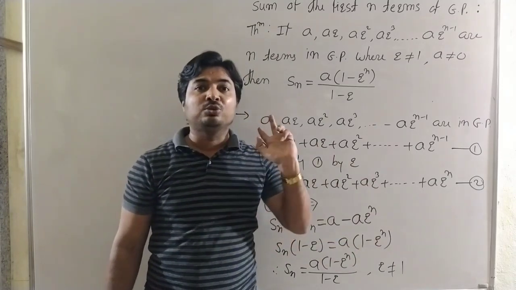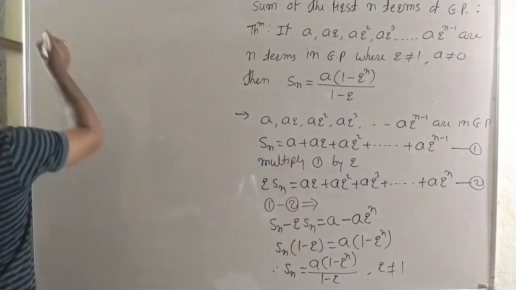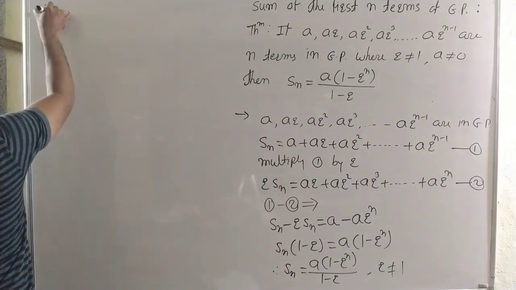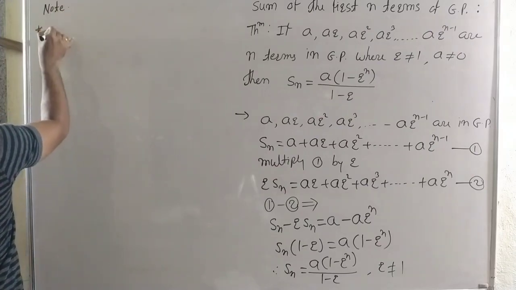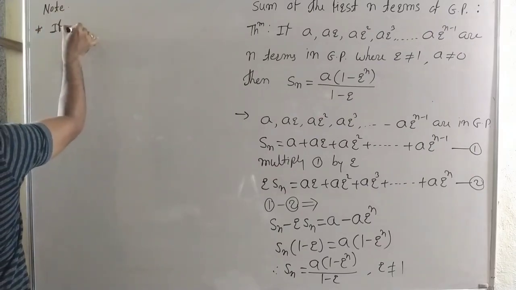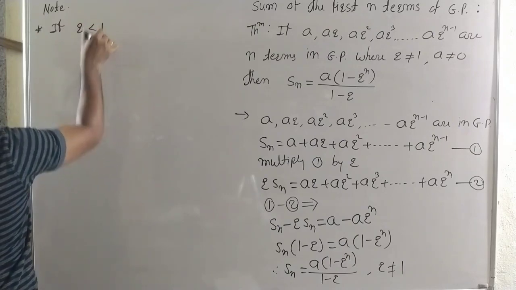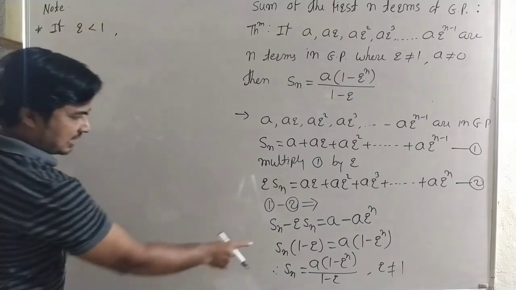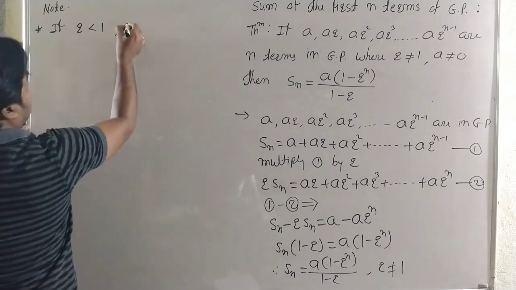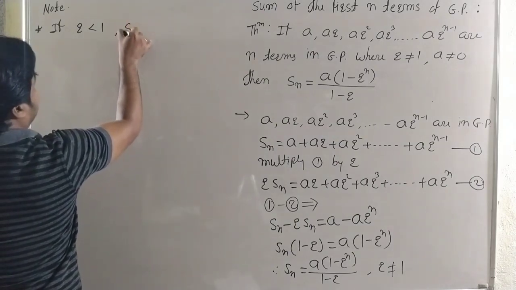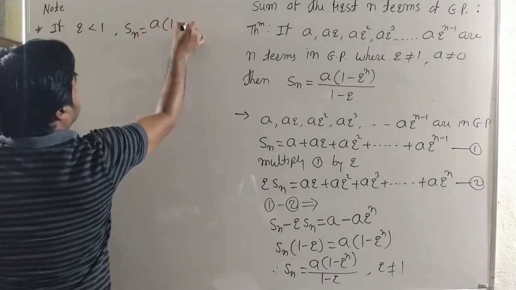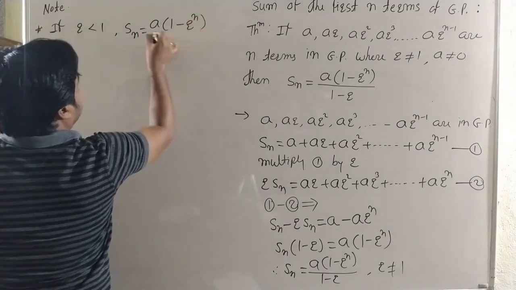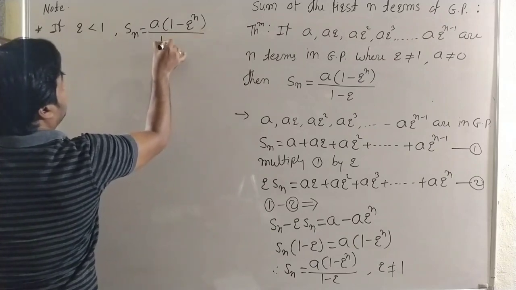Now there are two cases. See carefully here. Note that if r is less than 1, then we use this formula: Sn is equal to a into 1 minus r to the power n upon 1 minus r.